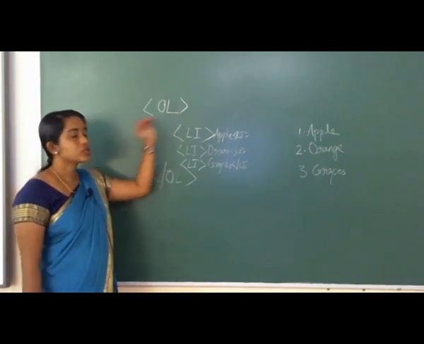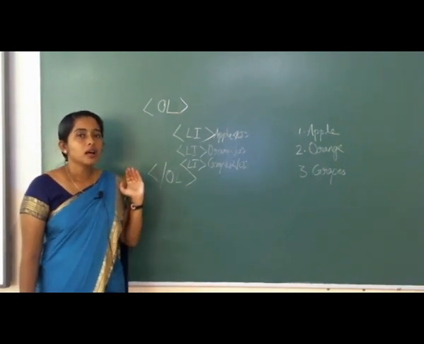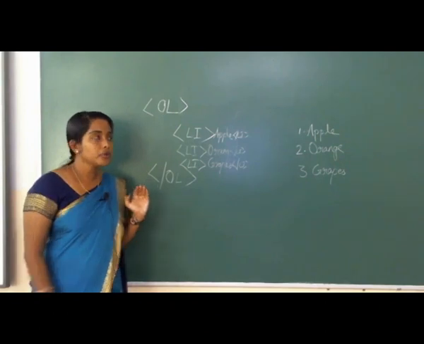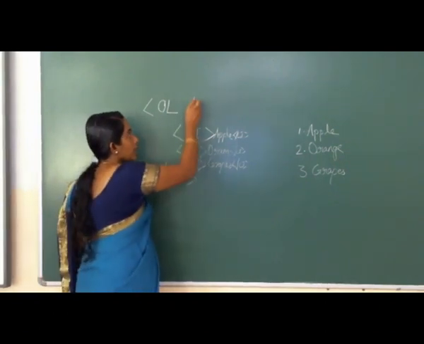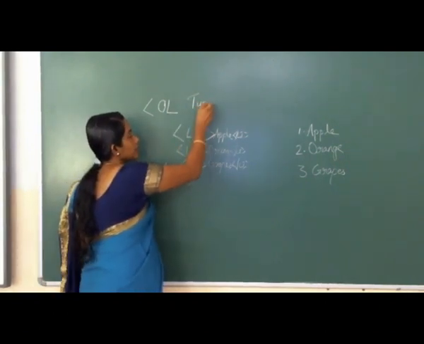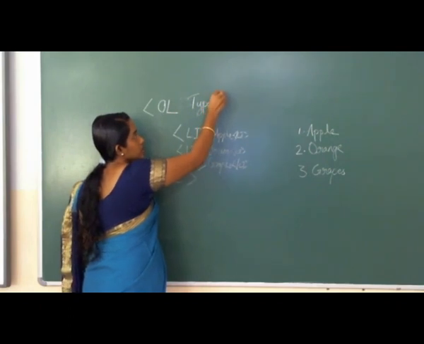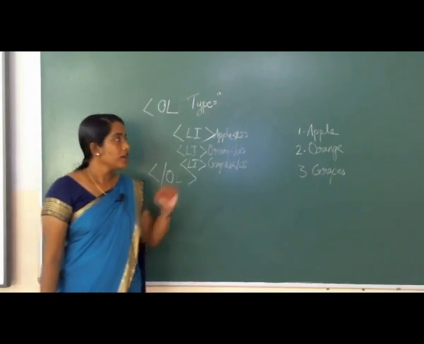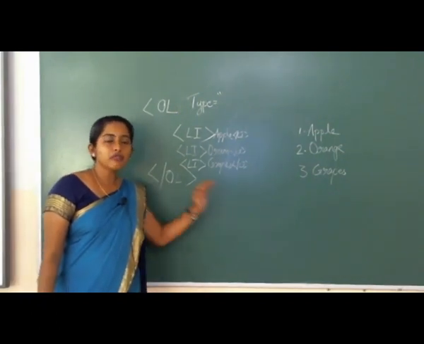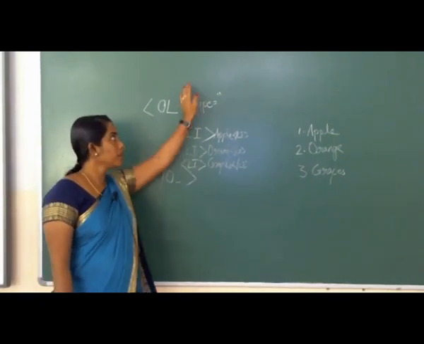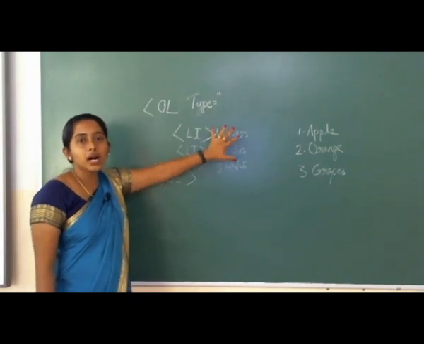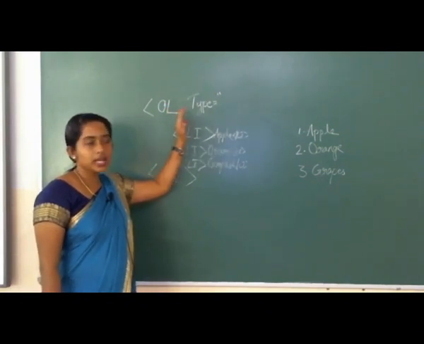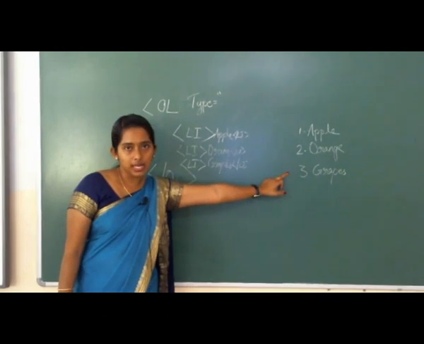Here also you can use one attribute, that is the type attribute, and here you can specify which type of ordering we are using. If we are not mentioning this type attribute, by default the system writes 1, 2, 3.